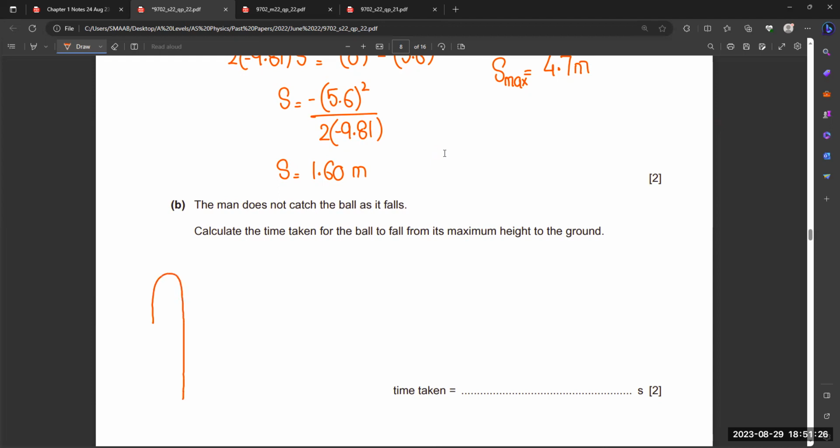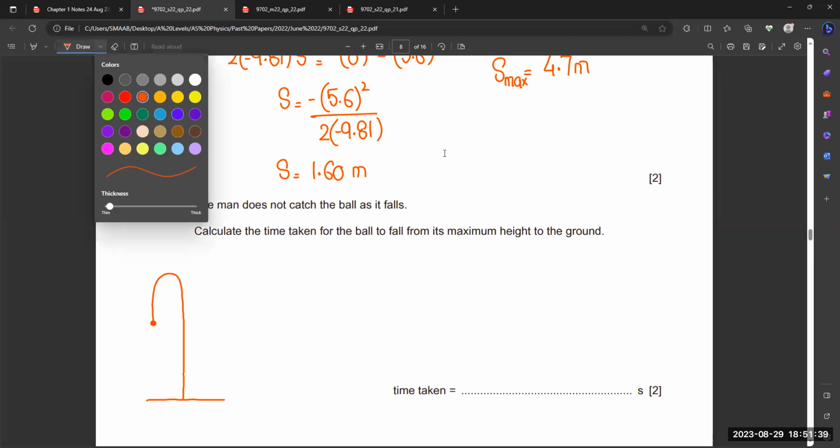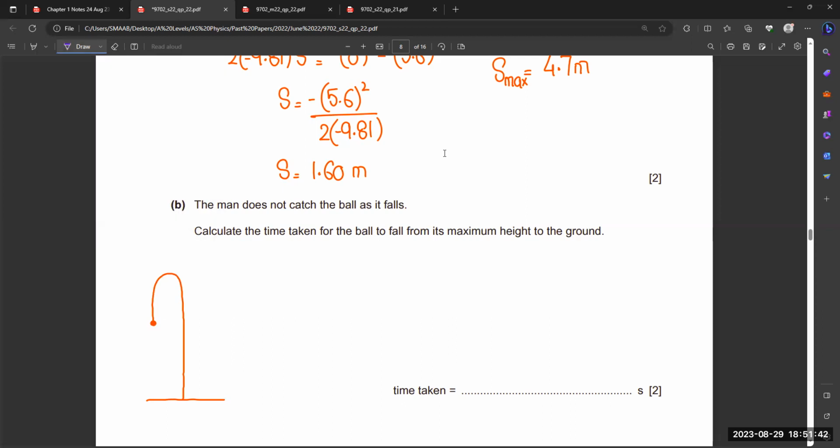So your motion will be like this. We start, and then from this point, 1/2 times 9.81 times t squared. So you know the equation, you just need to substitute the values. s equals ut plus half at squared. And this time we know that downward motion of a will be positive.